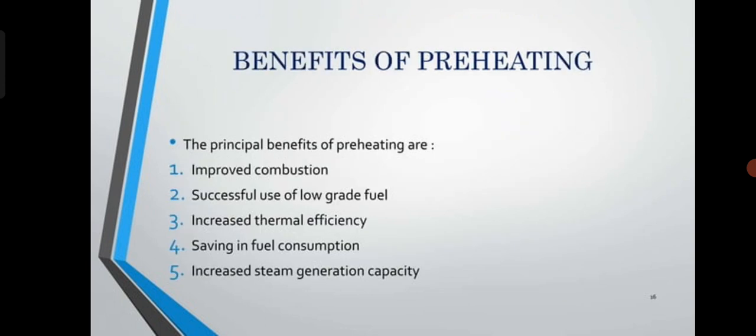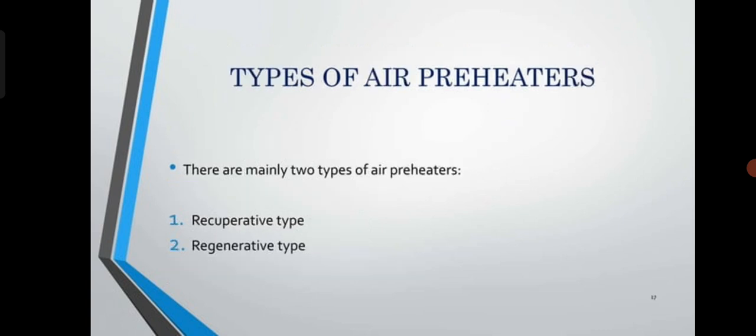Benefits of preheating. The principal benefits of preheating are improved combustion, successful use of low-grade fuel, increased thermal efficiency, saving in fuel consumption, and increased steam generation capacity. Types of air preheaters. There are two types of air preheaters: recuperative and regenerative.